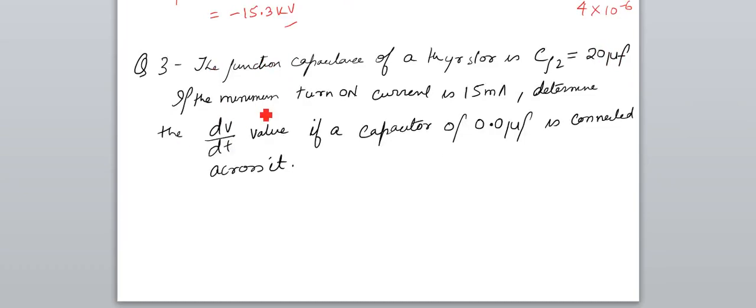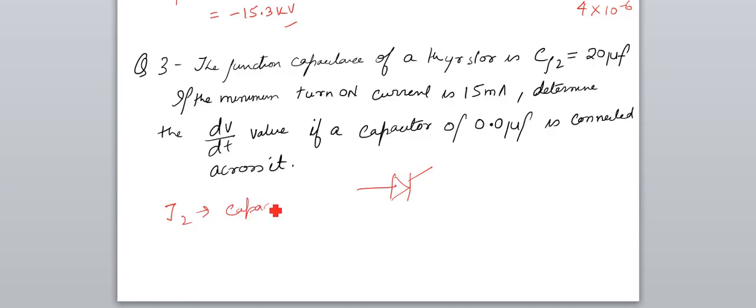There is a junction capacitance of a thyristor. There is an SCR, and this SCR has a junction. I have already discussed that your J2 junction behaves as a capacitor also, right?